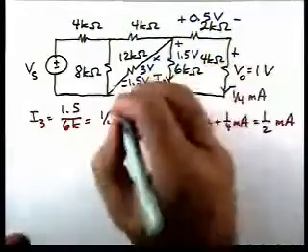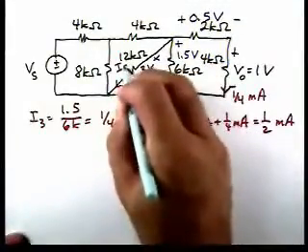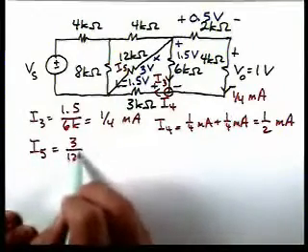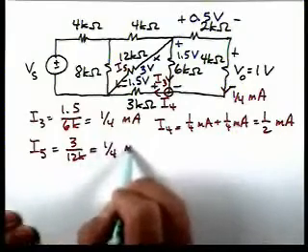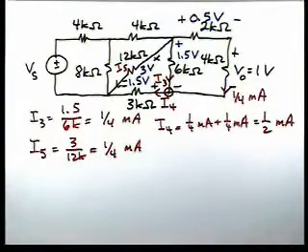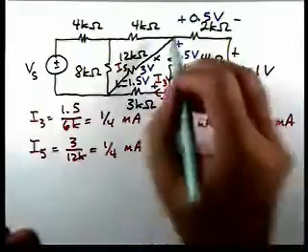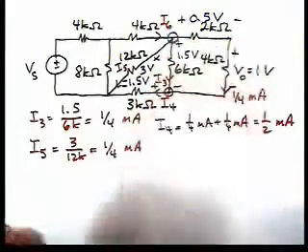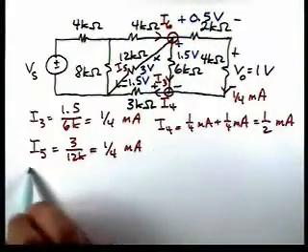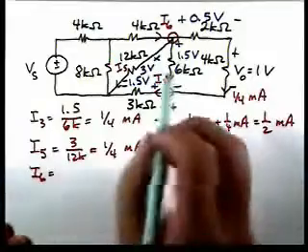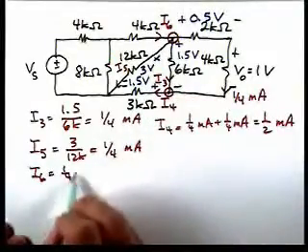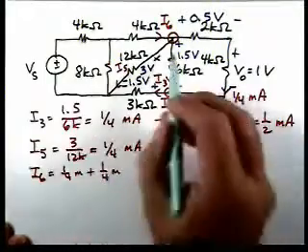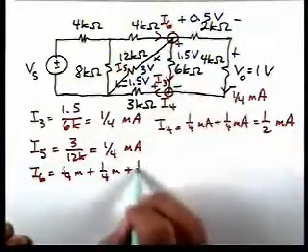And if we define this current as I5, then I5 is 3 divided by 12K, or 1/4 of a milliamp. Now we can apply Kirchhoff's current law here to find the current I6. So for I6, we have 1/4 of a milliamp leaving through here, another 1/4 leaving through here, then another 1/4.